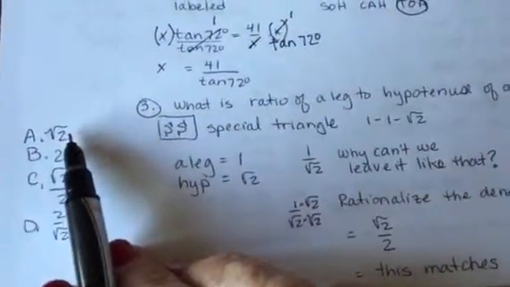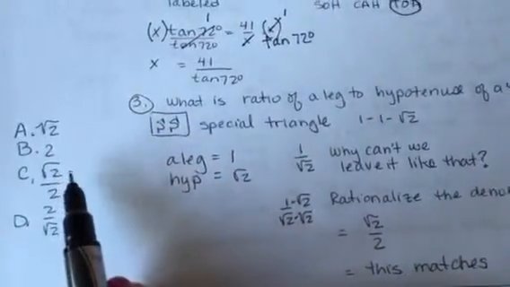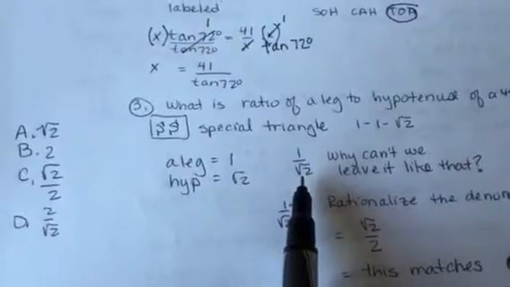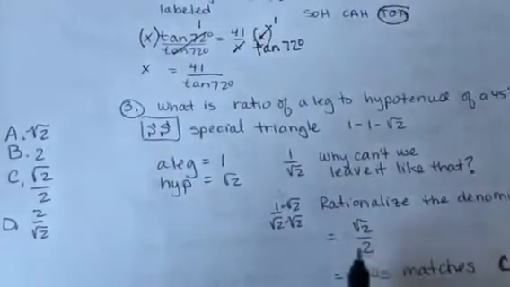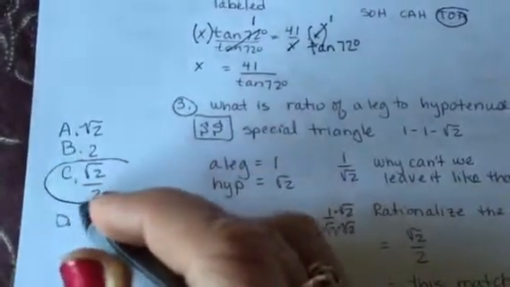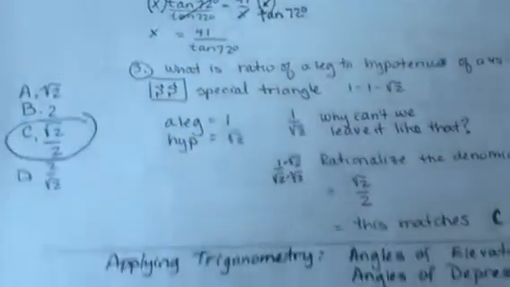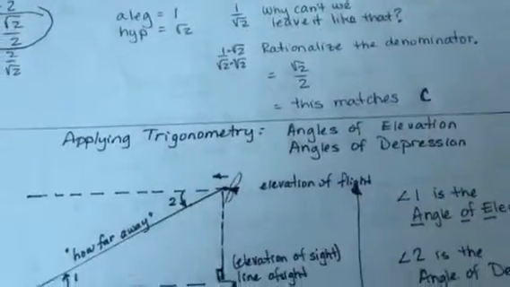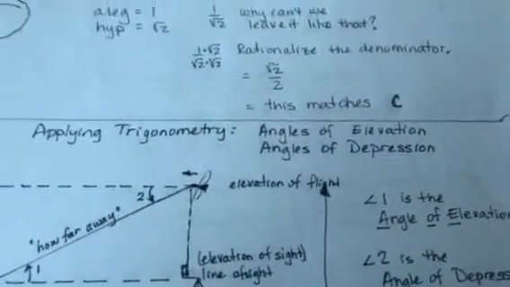Let's look over at our answers. We could have square root 2, 2, square root 2 over 2, or 2 over square root 2. Our first answer was 1 over square root 2. After we rationalized it, we find that C resembles our answer.